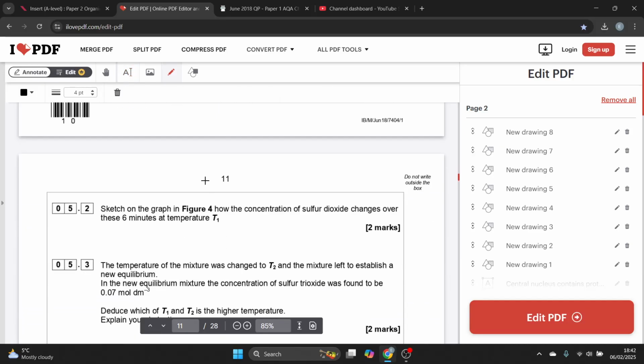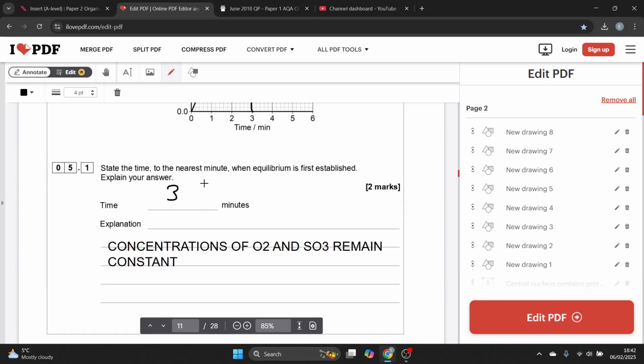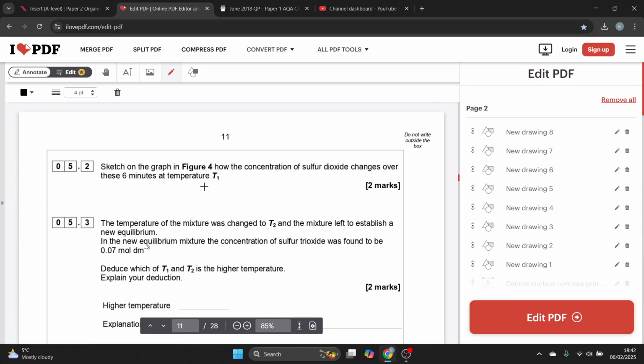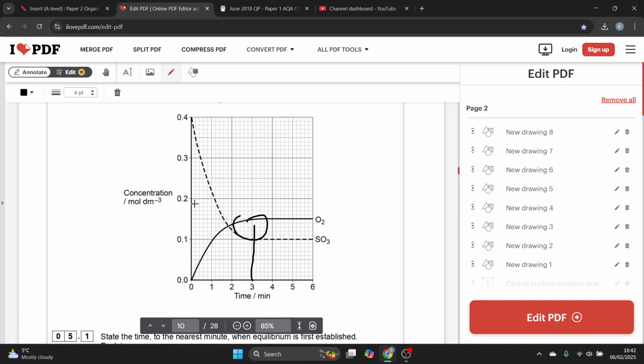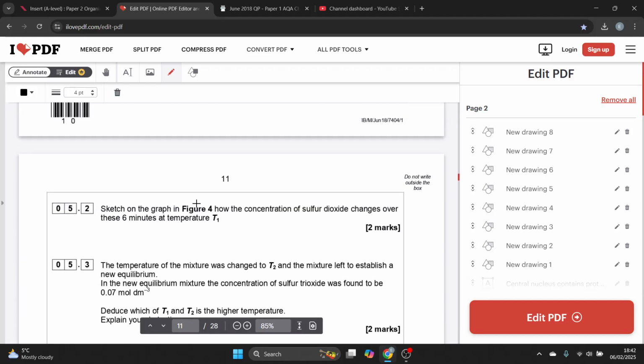Sketch on the graph how the concentration of sulfur dioxide changes over these 6 minutes at a temperature T1. At T1.